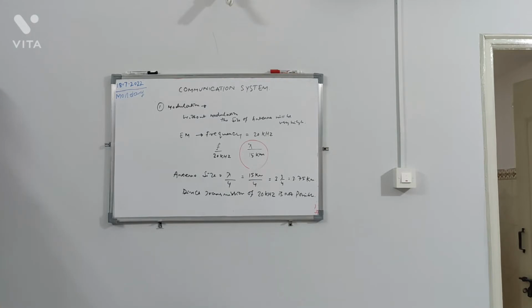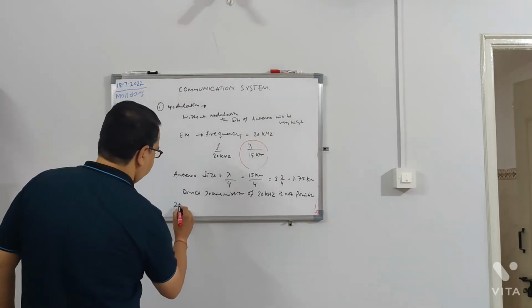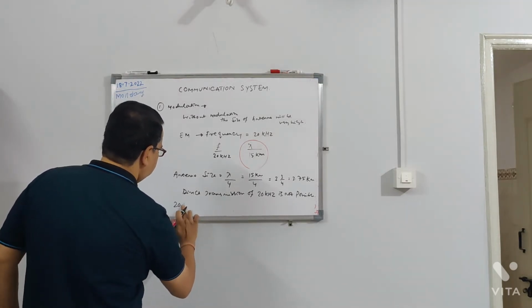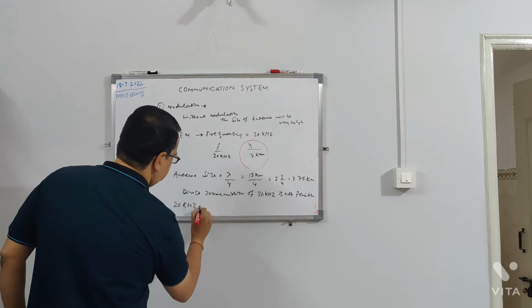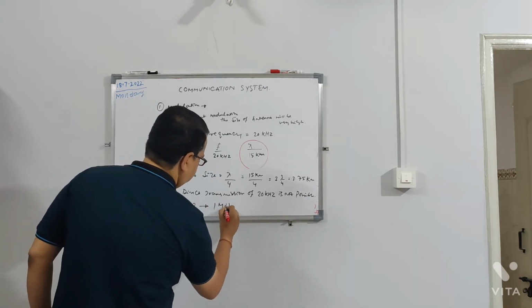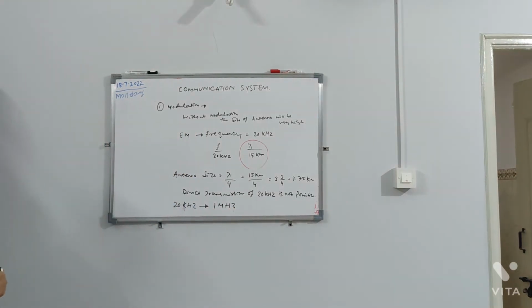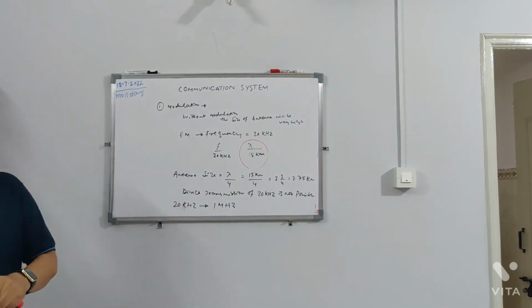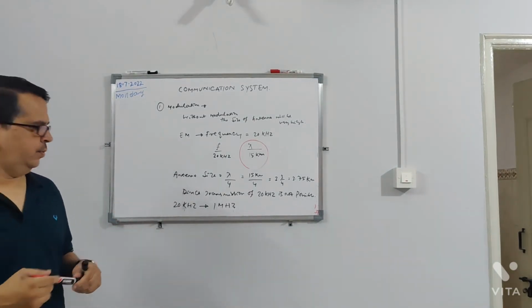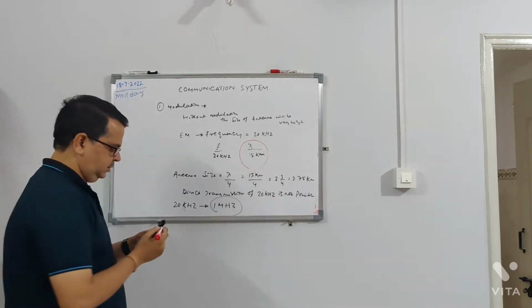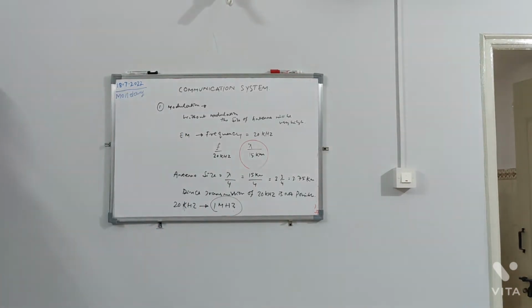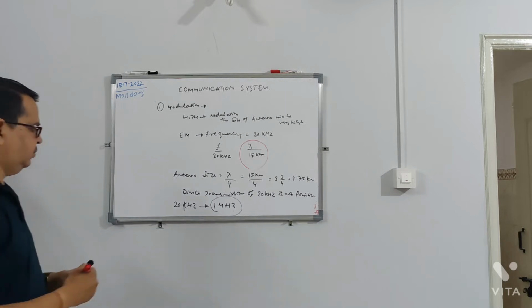So what we can do, we can obtain transmission with reasonable antenna length if the transmission frequency is high, okay. So if we convert this transmission frequency from 20 kilohertz to 1 megahertz, okay, if I mix it with a carrier wave and make the resulting wave frequency 1 megahertz, then for 1 megahertz the lambda is equal to 300 meter.